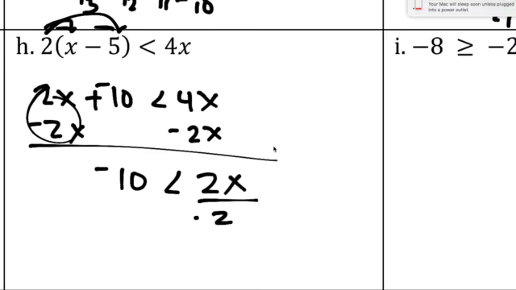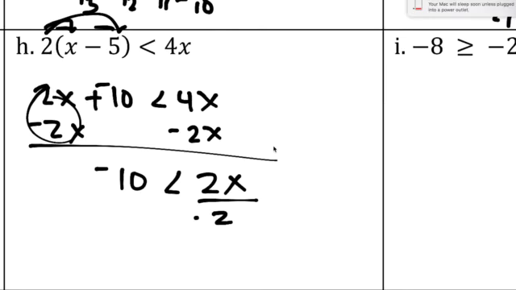Because this is positive, you leave your inequality the same. Don't change it because you're dividing by a positive, only when you're dividing by a negative. So here you get negative 5. Negative 5 down here, open circle because there's no equal sign, is smaller than what type of number?